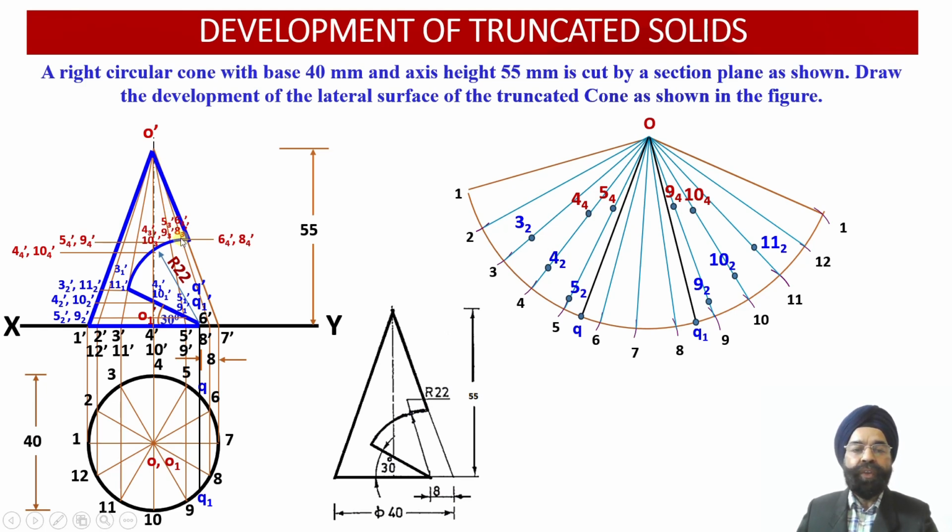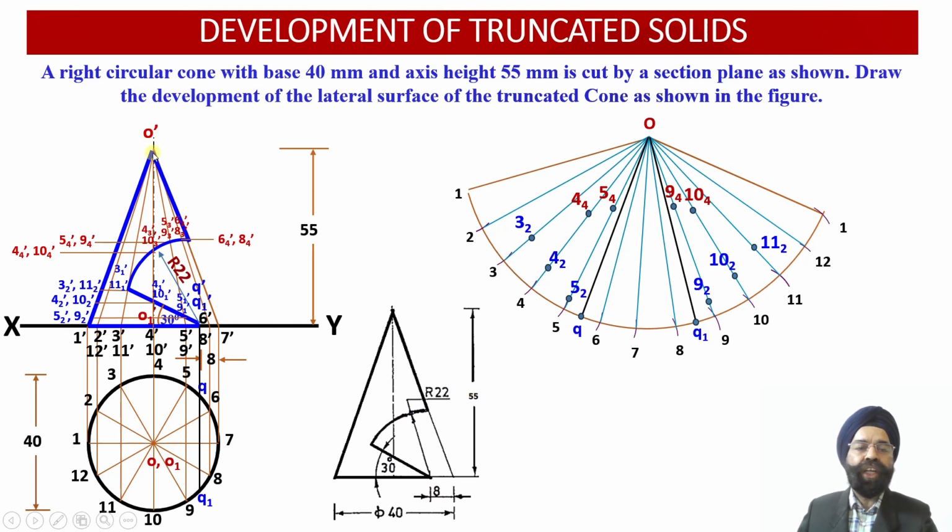So now these apparent length radii, they have been shifted onto the true length. Now this true length is also there, O-7 dash. So rather than shifting it over here on the left side, now we have shifted these 2 points onto the right hand side because there are too many points already available on the left hand side. So from 6-3 dash and 8-3 dash, again a horizontal projector line has been drawn onto the true length of the slant edge O-7 dash over here.